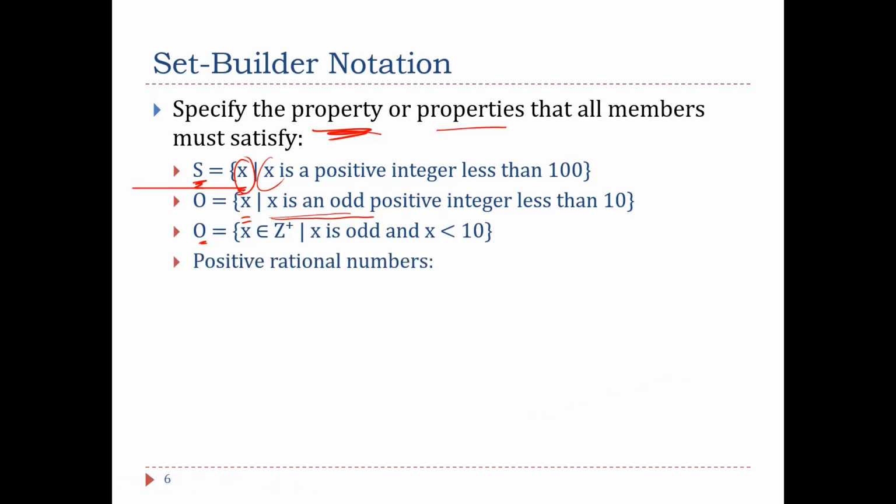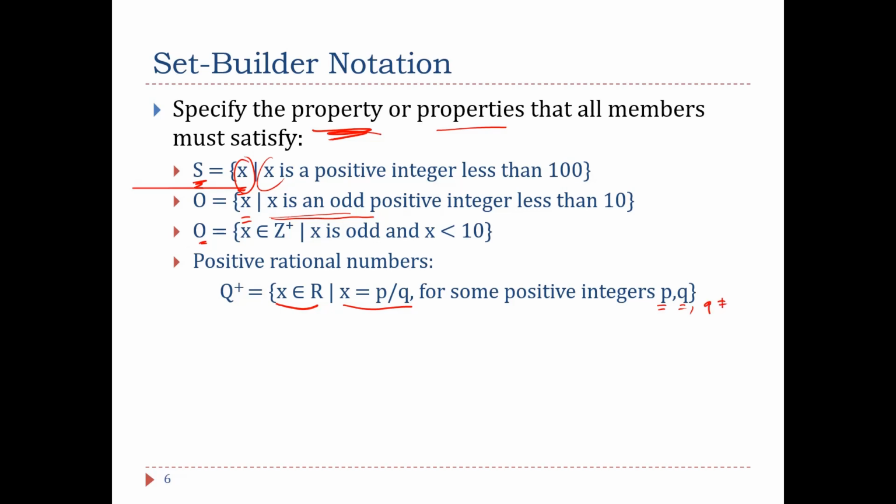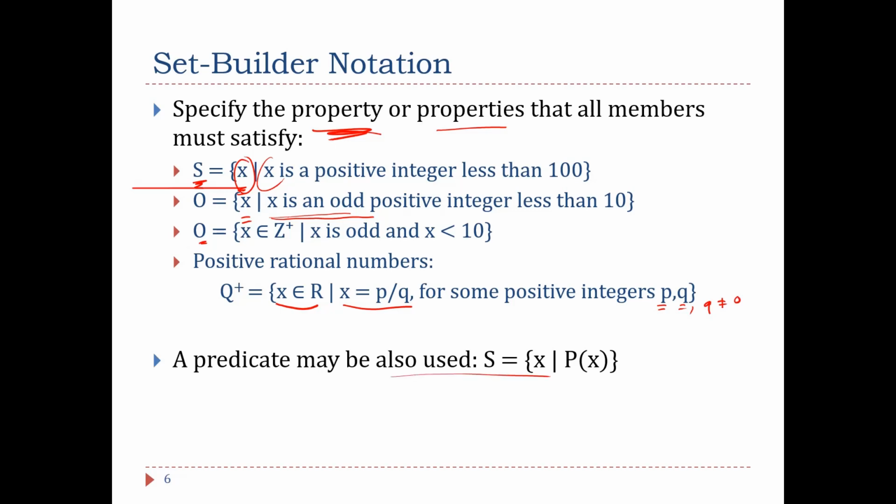More examples. Positive rational numbers can be defined as follows. The set of real numbers that can be written as a fraction p over q for some positive integers p and q, and we can also add to it that q is different than 0. A predicate may also be used as follows.